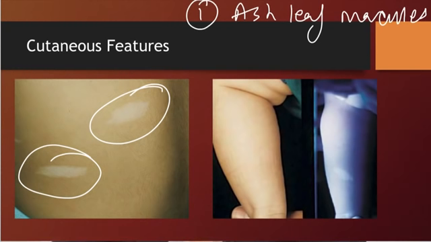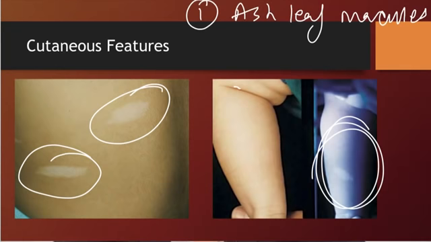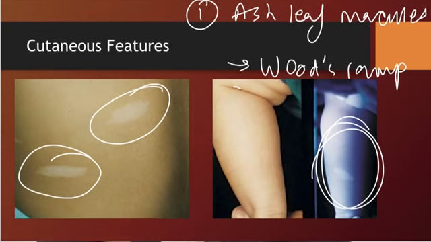One important fact here is that they appear bright on this particular examination, which is called Wood's lamp examination. So an important fact here is that ash leaf macules will be picked up better on Wood's lamp examination than normal clinical examination. So these were the ash leaf macules, which is a major criteria of tuberous sclerosis.